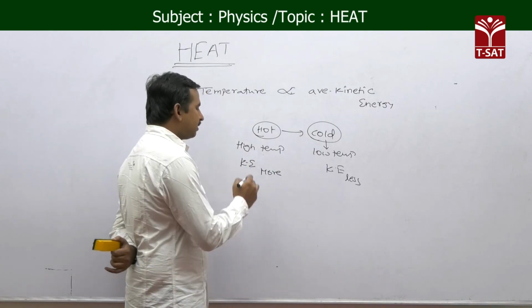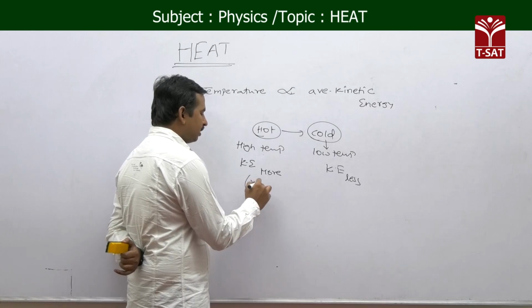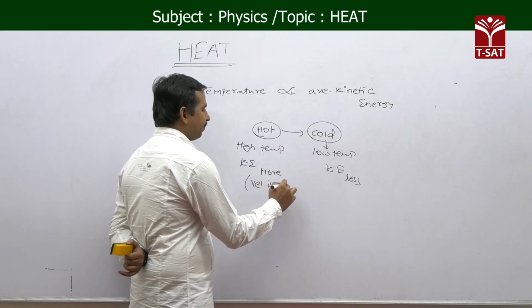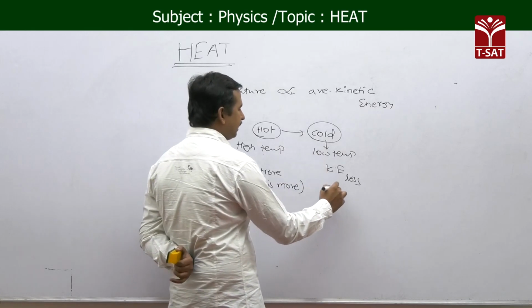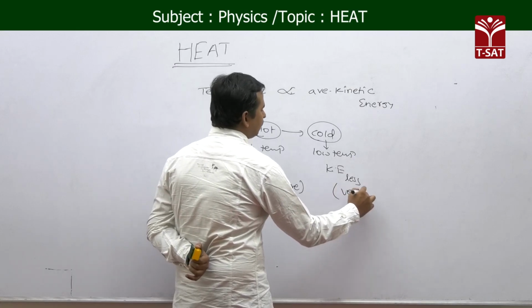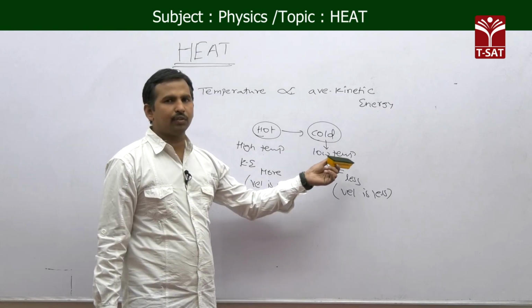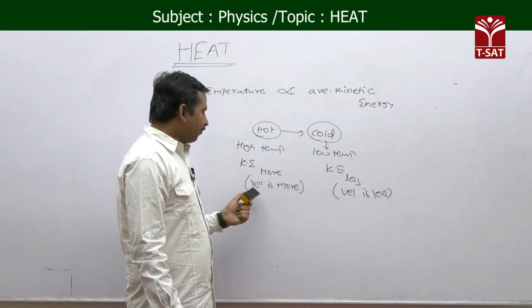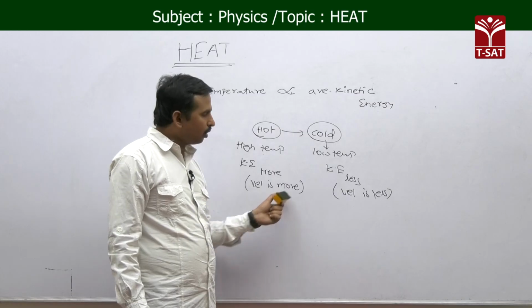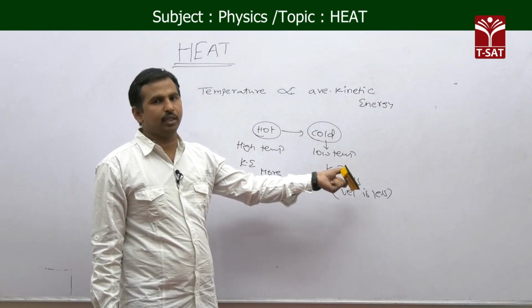More kinetic energy means more velocity, whereas less kinetic energy means less velocity. Now, when the hot body is in contact with the cold body, the fast moving particles are colliding with the slow moving particles.